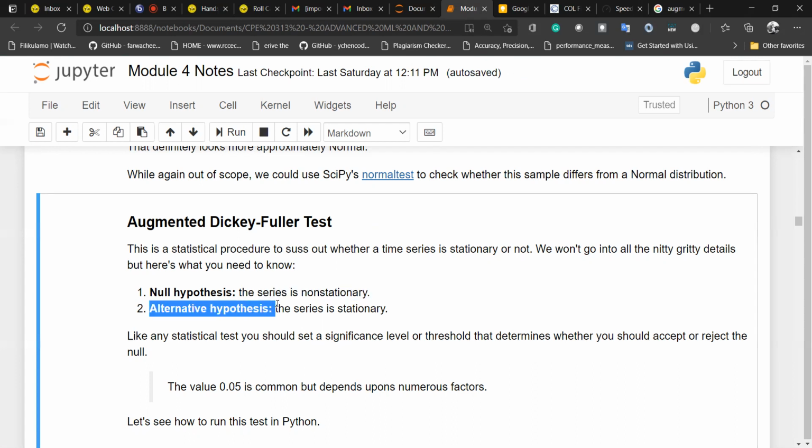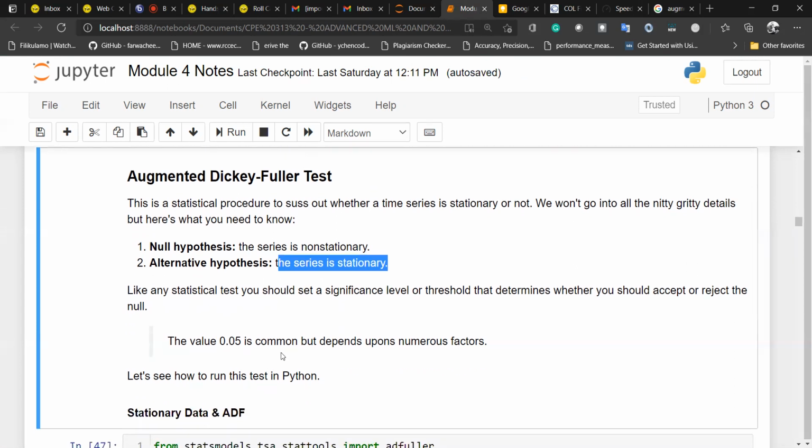When you say alternative hypothesis, that means the series is stationary. And like any other statistical test, you should set a significance level or threshold that determines whether you should accept or reject the null. The value of 0.05 is common, but depends upon numerous factors.